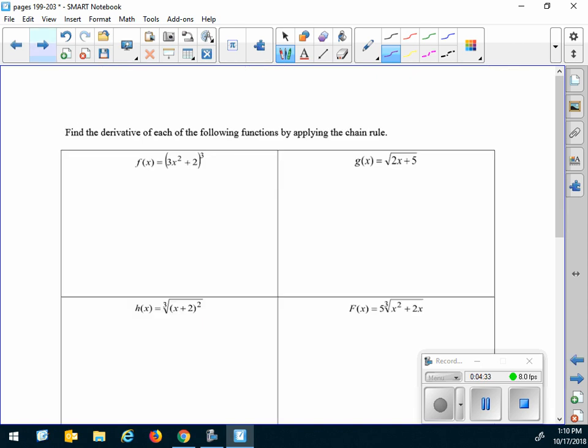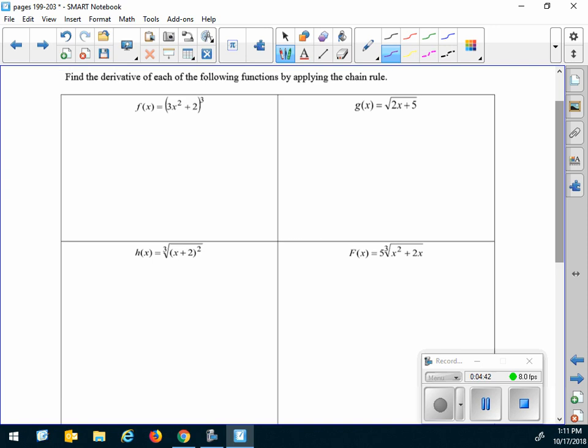Now, as I told you, if you look at the rest of your notes, this is practice. Here we go. Find the derivative of each of the following functions by applying the chain rule. All right, first one. What's your outer function? X cubed. The outer function is cubing something, and the inner function is 3x squared plus 2.